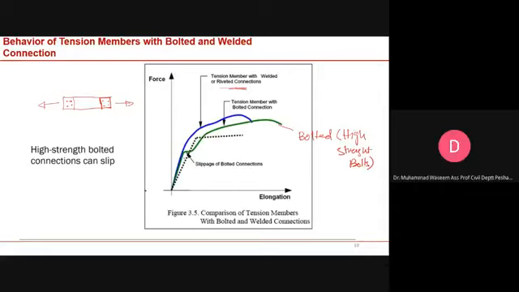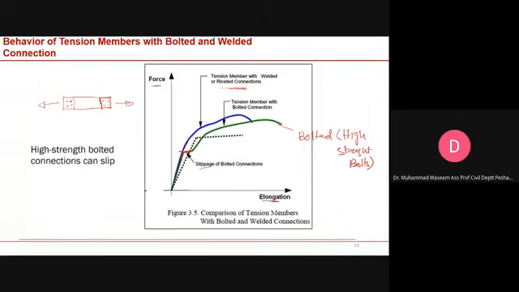In this plot between the force and the elongation, you can see that up to here, the performance of welded or riveted connection and the bolted connection is almost the same. But what happens is that you have slippage in the bolted connection, and in the welded or riveted connections you do not have slippage.